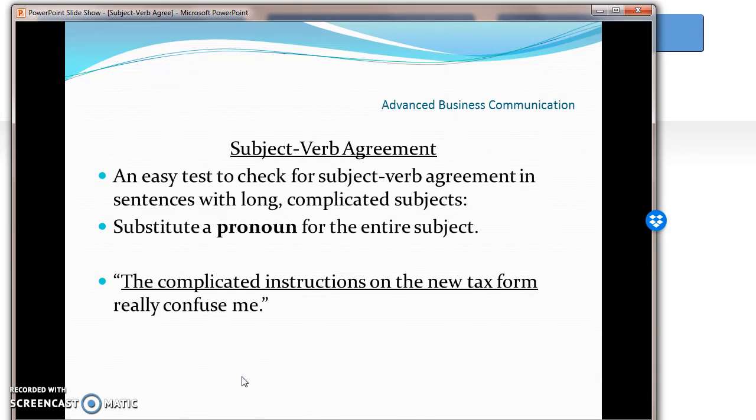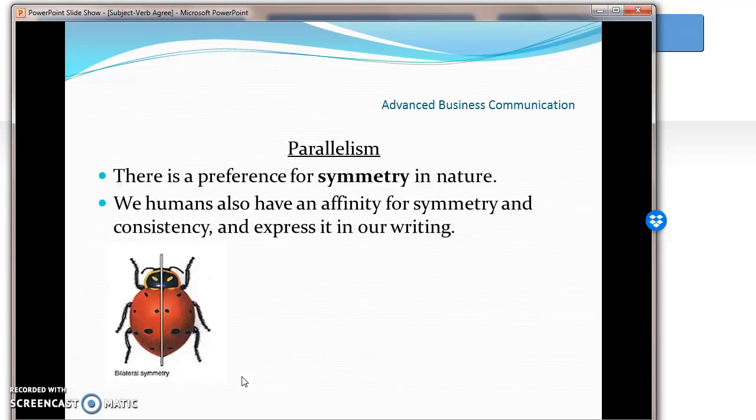The complicated instructions on the new tax form, y'all can see that's the whole subject of the sentence. Very long subject, right? With all those modifiers. Really confuses me. Just take that whole subject and use a pronoun instead. They really confuse me, okay? And now you can hear the subject-verb agreement more clearly. It should be they confuse, right? Okay, so that's just a little trick you can do.